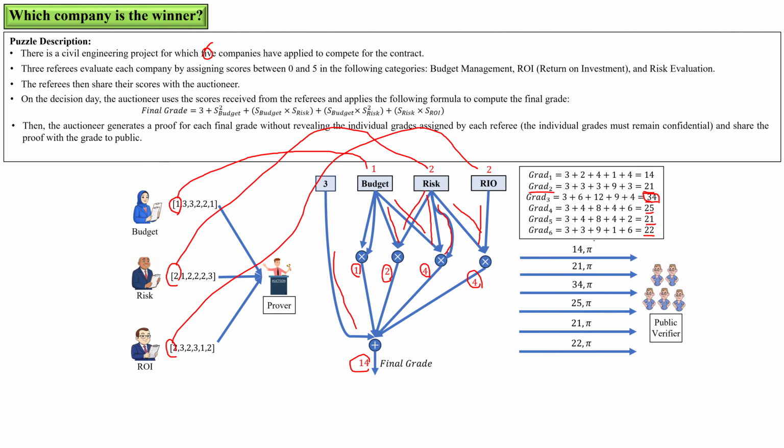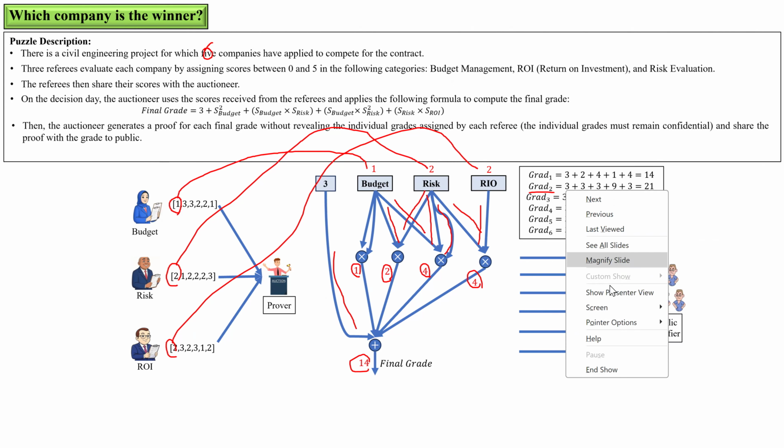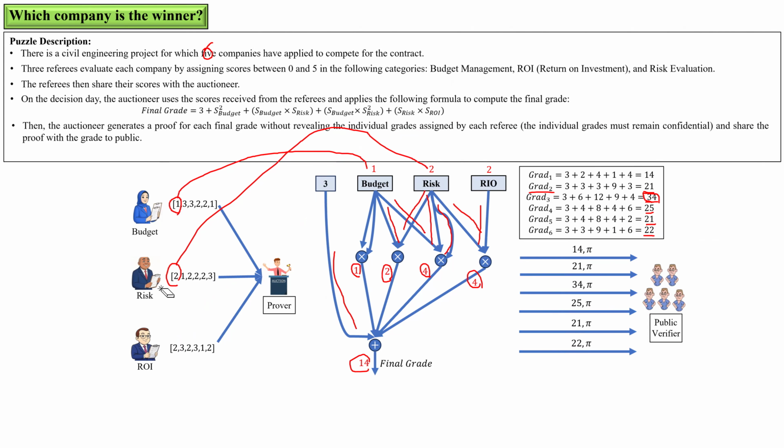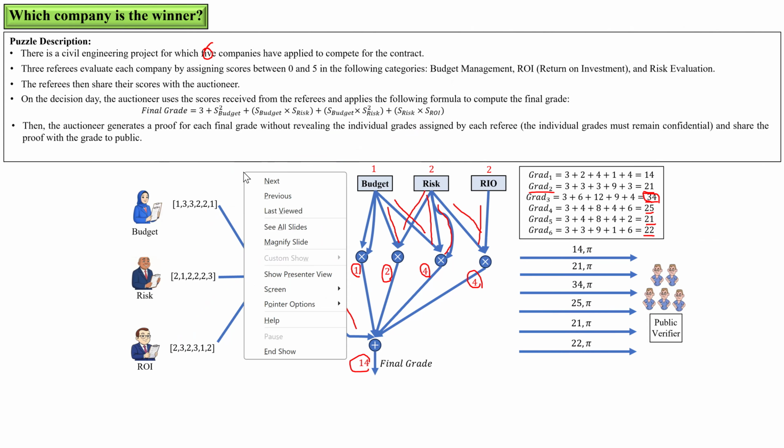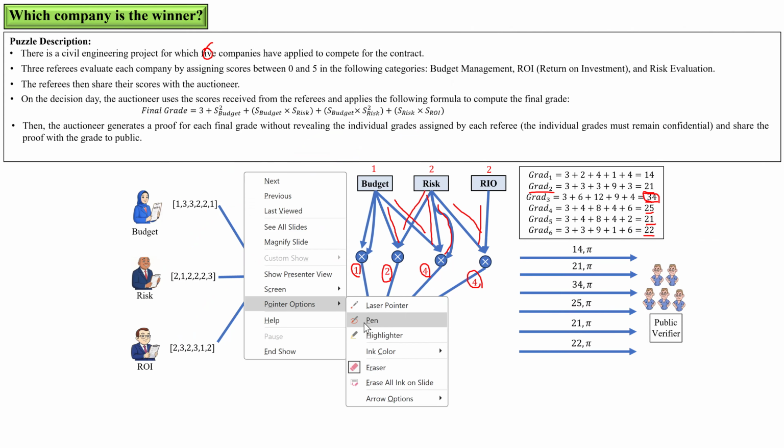Now there is a concern here. The concern is that the prover or the auctioneer doesn't want to share the original grades by the referees with the companies. Why?